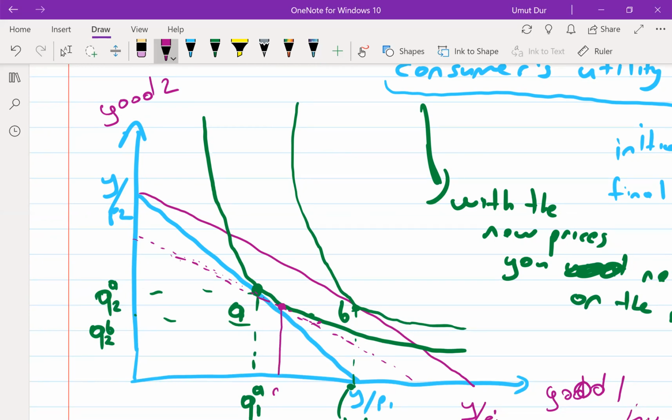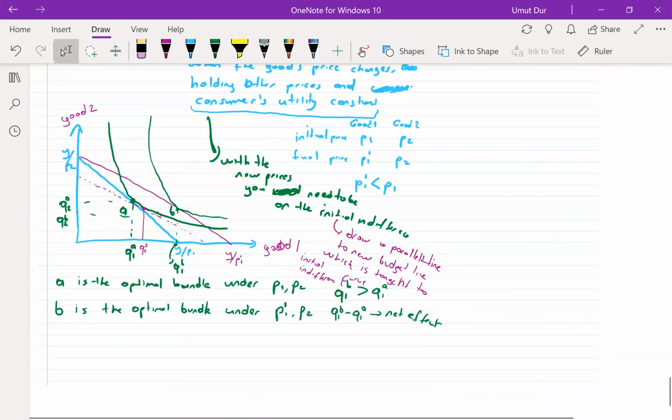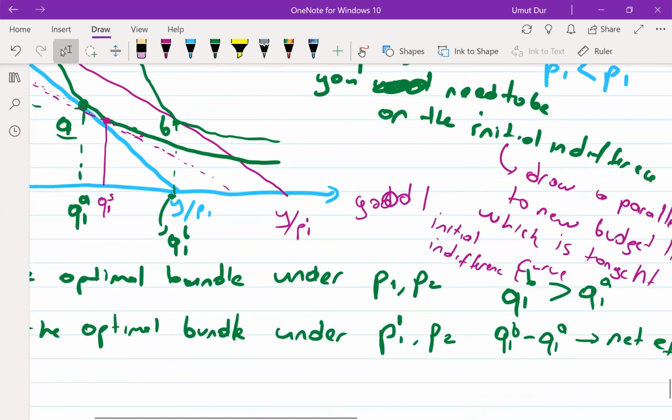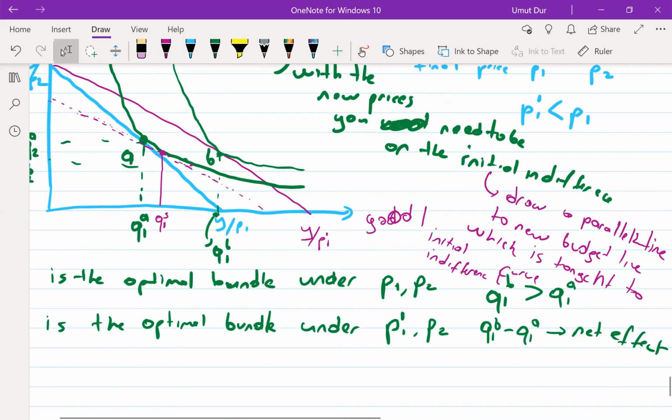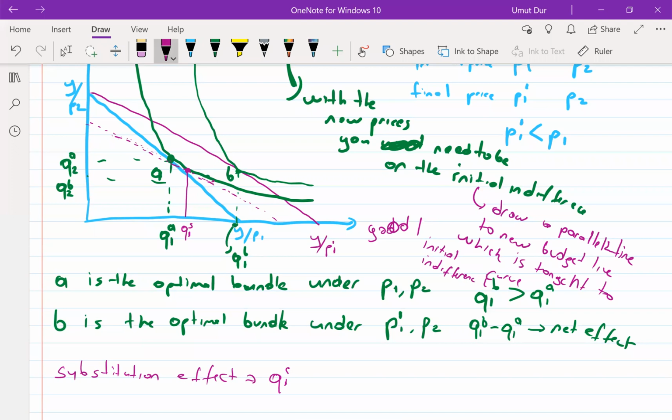And I denote this as Q1S. Then my substitution effect here is Q1S minus Q1.